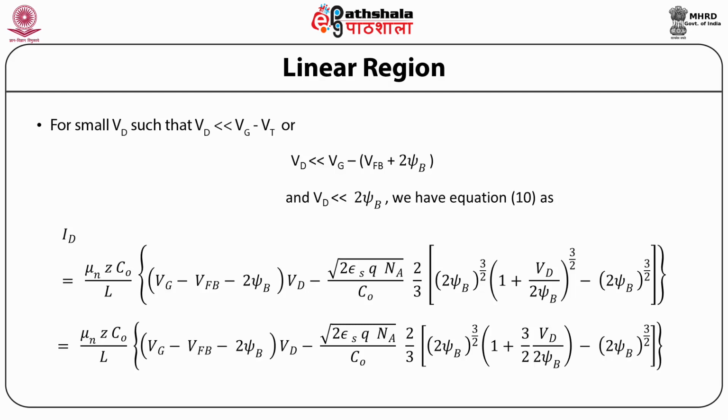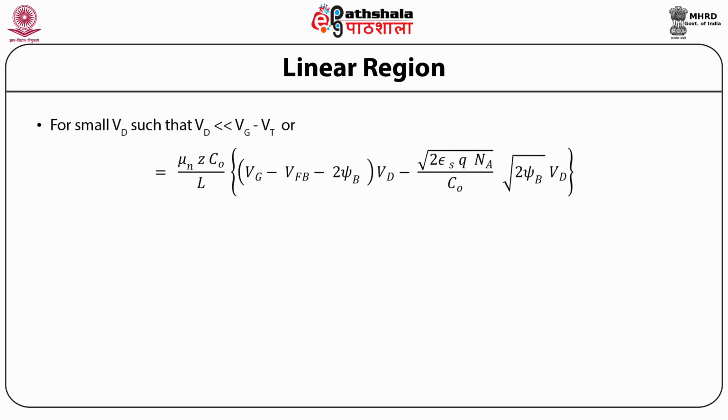So here we have done the Taylor expansion, minus 2 psi b to the power 3 by 2, bracket close. So now this is equal to, after simplification, mu n Z C naught by L bracket Vg minus Vfb minus 2 psi b multiplied by Vd minus root of 2 epsilon s q Na by C naught multiplied by root of 2 psi b Vd, bracket close.